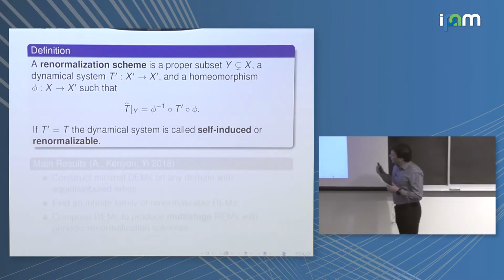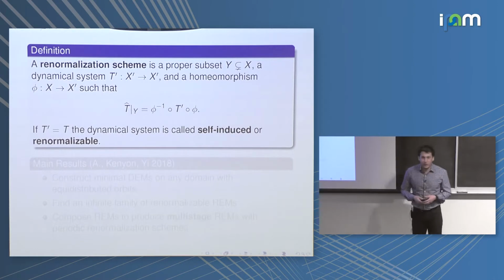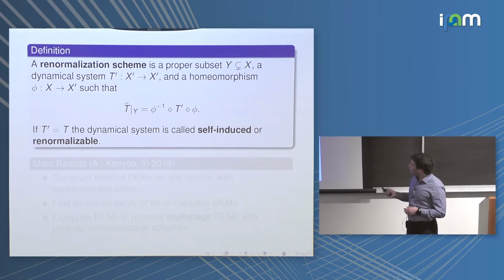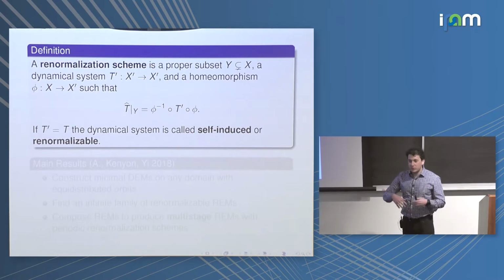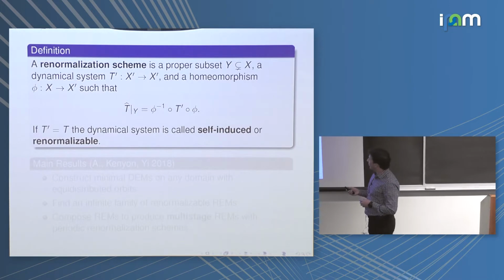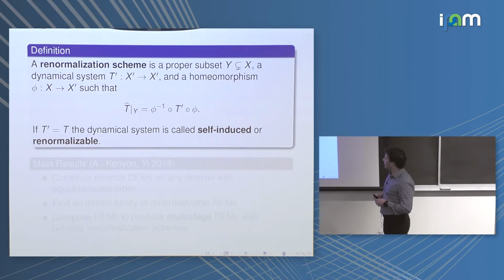And the tool we'll use to compute this first return map is what's known as a renormalization scheme. It's basically a new dynamical system T prime from some other domain X prime to X prime, which allows us to compute the first return map by just taking one step of this new dynamical system.